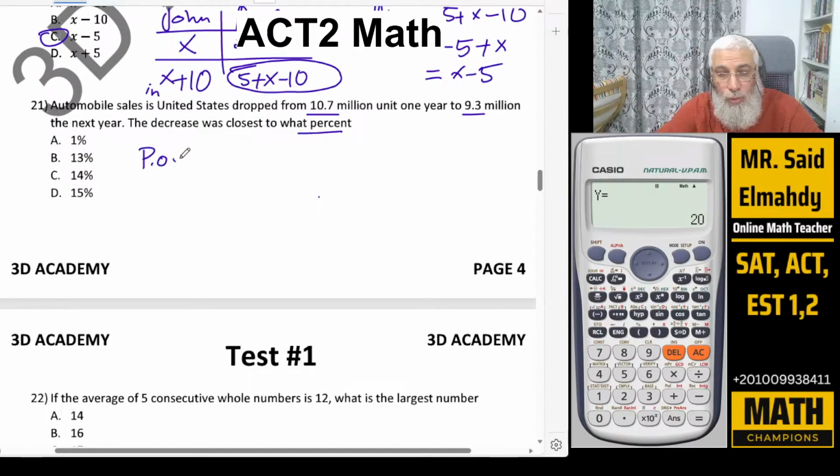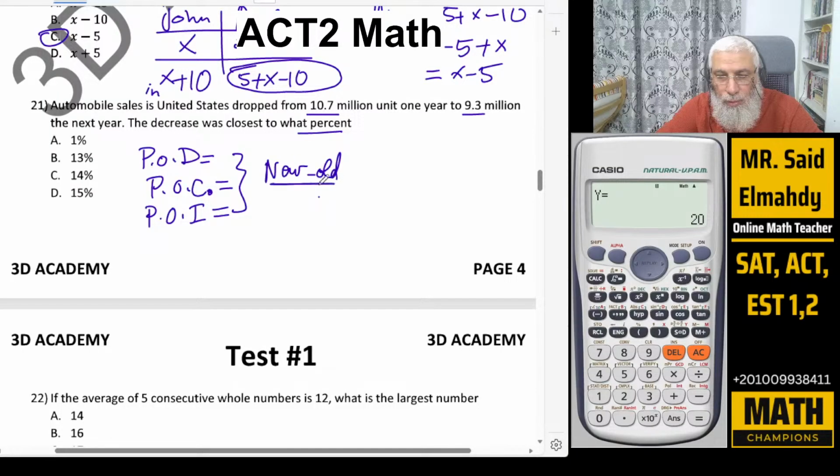Percent of decrease, percent of change, or percent of increase, all of them have the same equation: new minus old, divided by old, multiplied by 100. So this is old and this is new, from to.